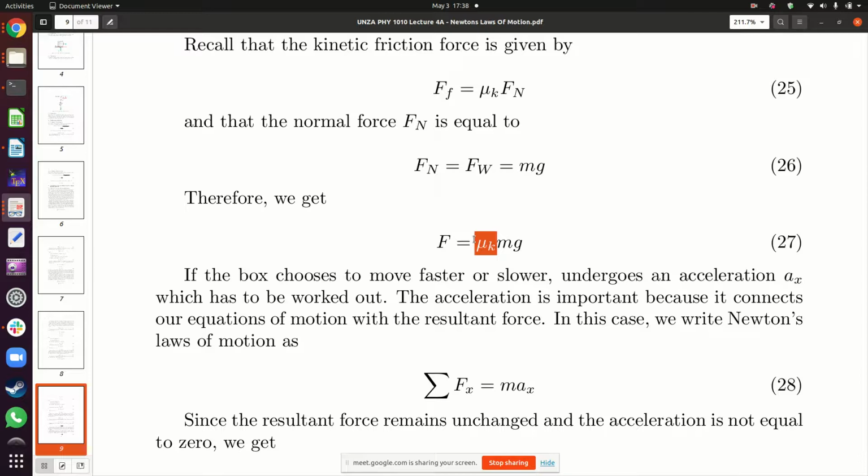It's easier to push an object which is already moving because that object is experiencing kinetic friction, and kinetic friction depends on mu k, which is always less than the coefficient of static friction. Are we clear?